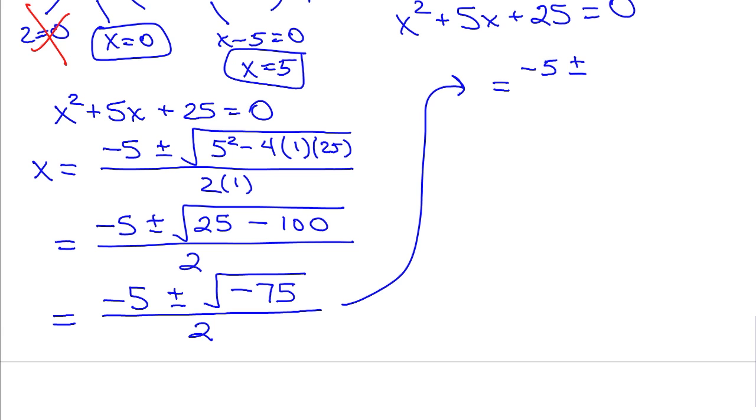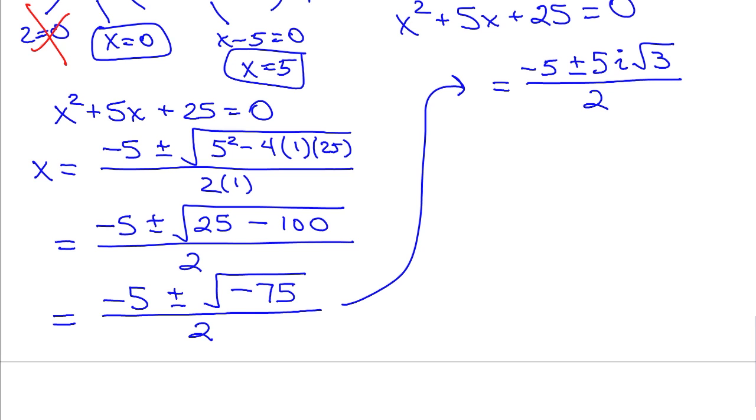We have a negative under the square root, so that comes out as i. 75 is 25 times 3. So we take the square root of the 25, that's 5, but the 3 stays on the inside. So it's 5i root 3 divided by 2.